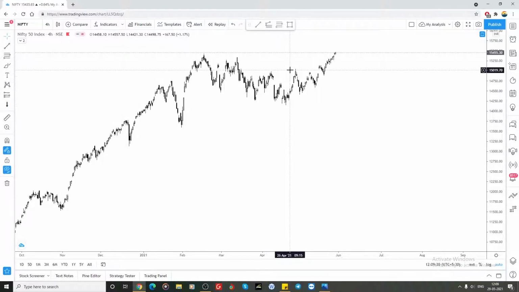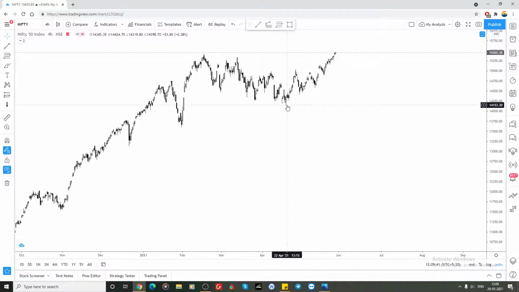And then this is the A, this is the B, and here we need 5 wave structures for the C wave, 1 2 3 4 and 5, in a wedge formation also. Since it has already broken the high, there is a lot of chance for an irregular flat.